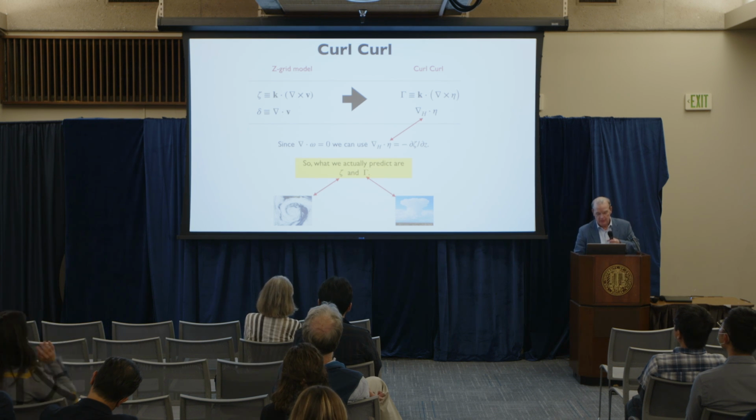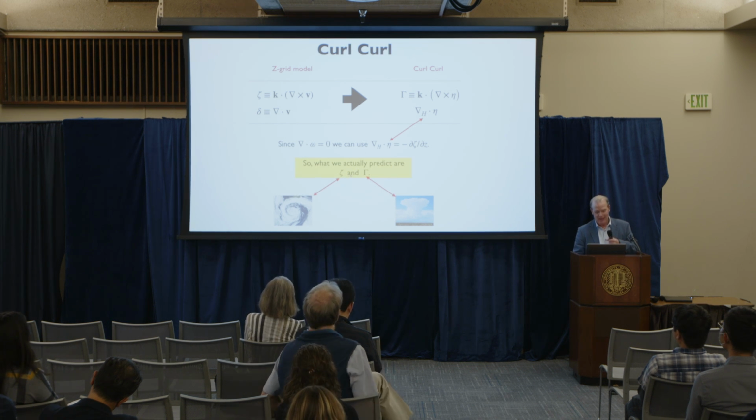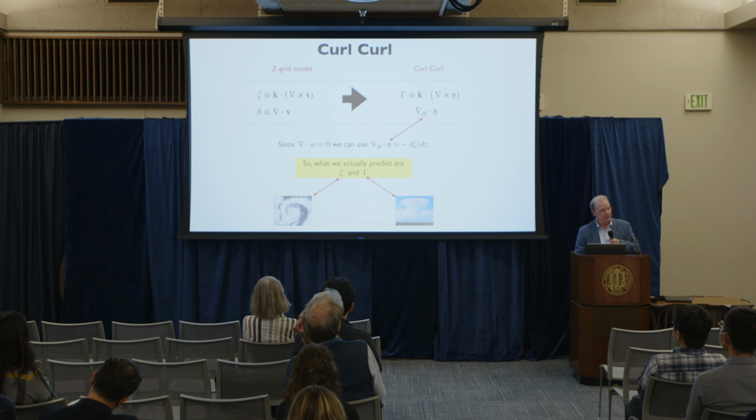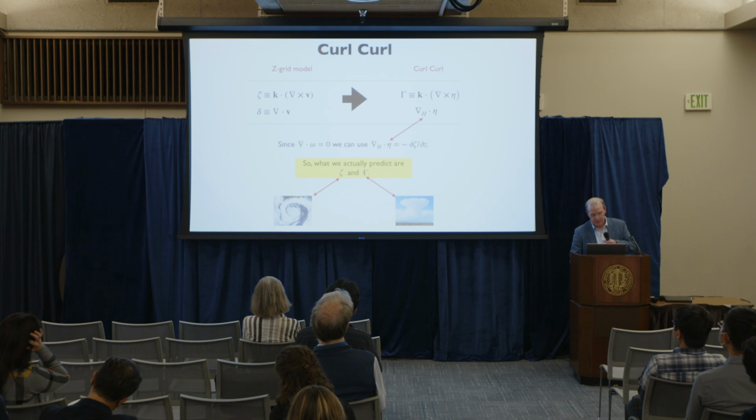So that means the divergence of the horizontal vorticity vector is minus d zeta dz. So instead of messing around with del dot eta, we can just predict zeta and then calculate minus d zeta dz, and that gives us del dot eta. So what we actually predict are zeta and gamma, where gamma is this thing. So zeta relates to this, and gamma relates to this.